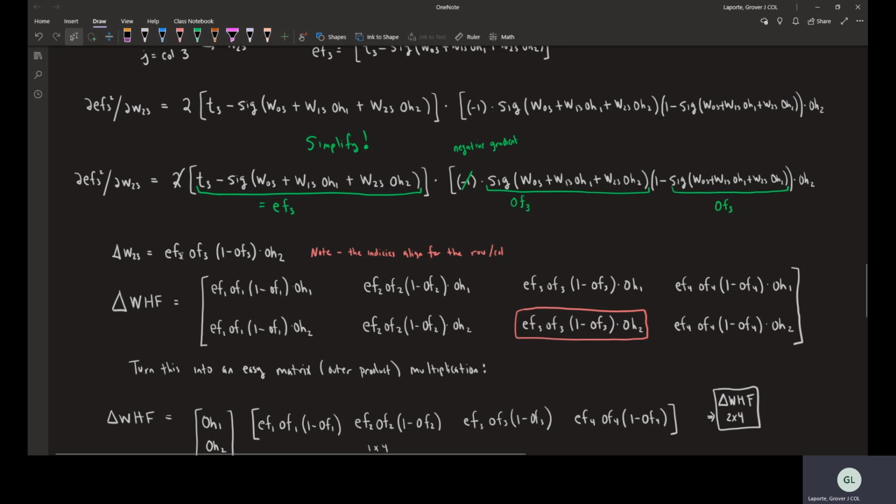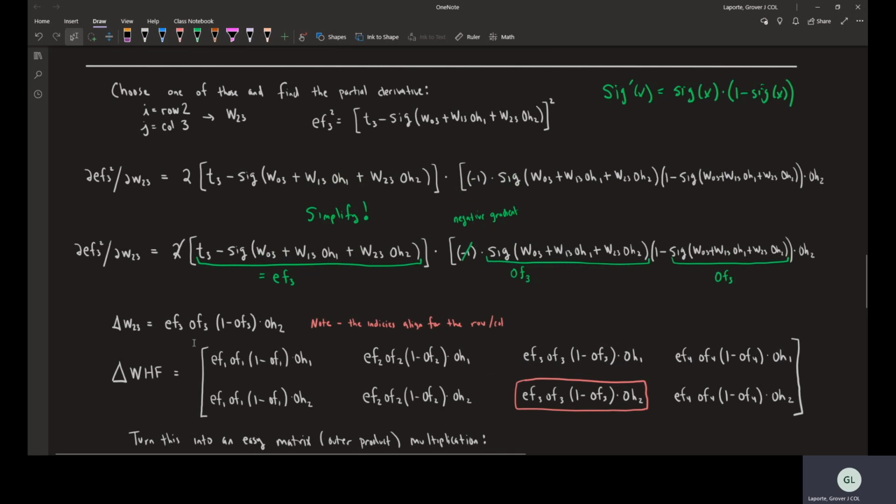So all I was saying there was, let's go back up, column 3 of my delta WHF matrix better have this term, column 3 and row 2. So you go to column 3, row 2, and that is the one that lines up with this W23, right?